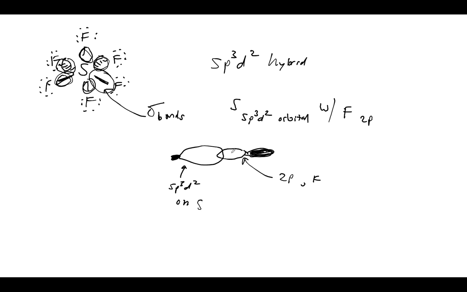So these are the orbitals that are involved and that would overlap here. This is our sigma bond to form the bond.